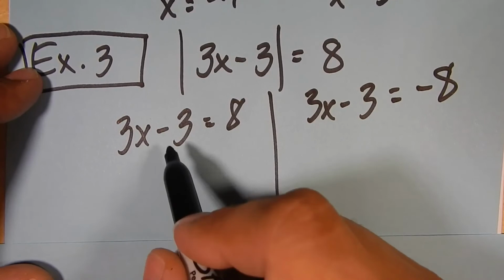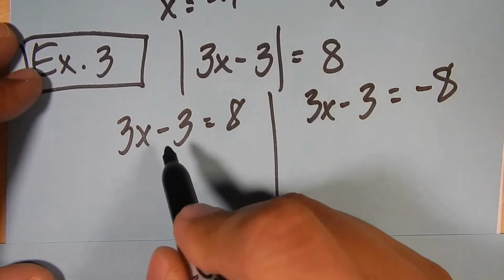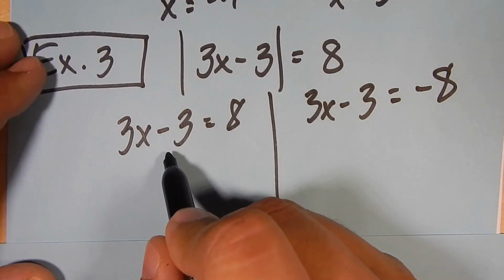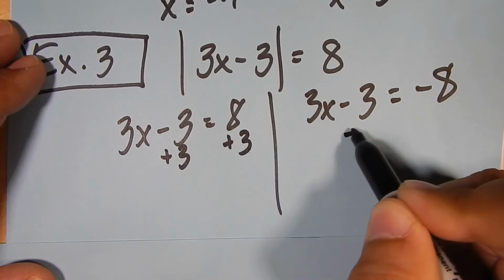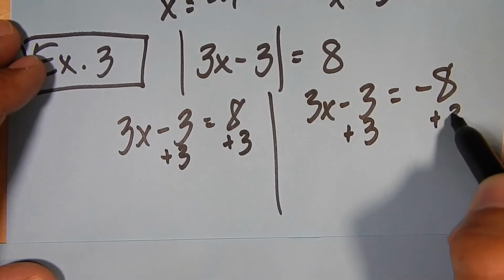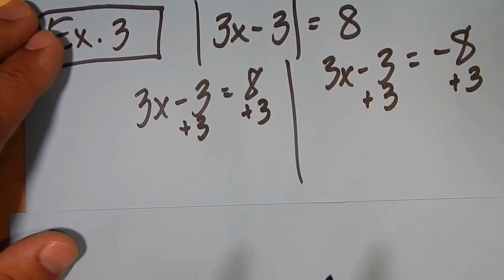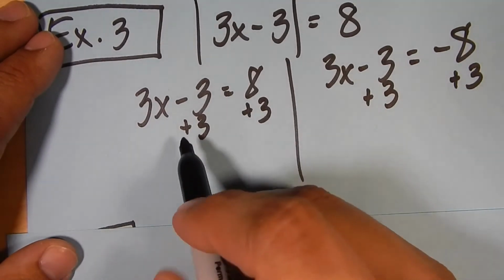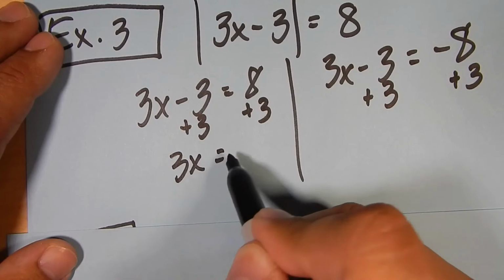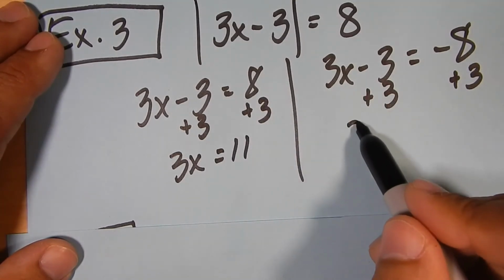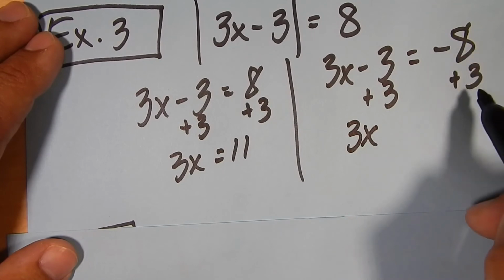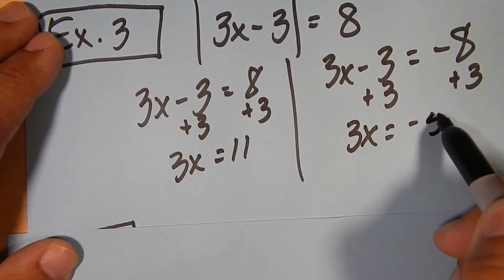All of our steps are going to be the same for both sides, so we can batch them out here. We're going to need to add 3 to get rid of that. So that gives us 3x equals 8 plus 3, which is 11, and 3x equals negative 8 plus 3, which is negative 5.